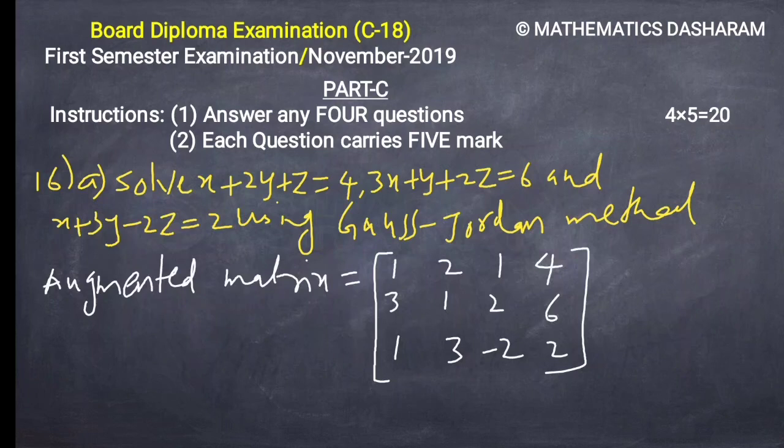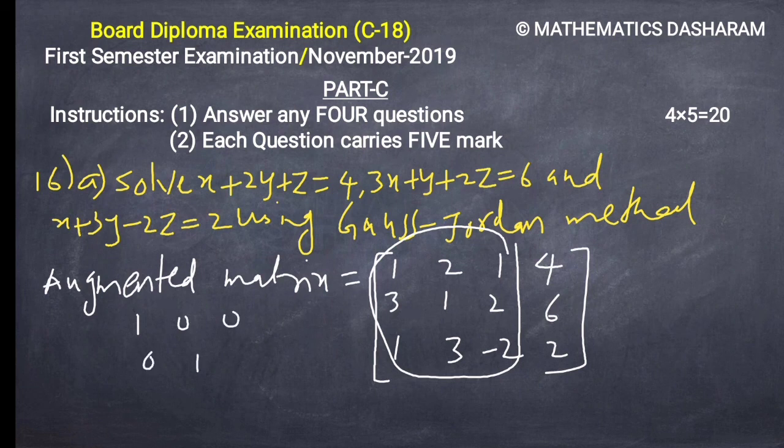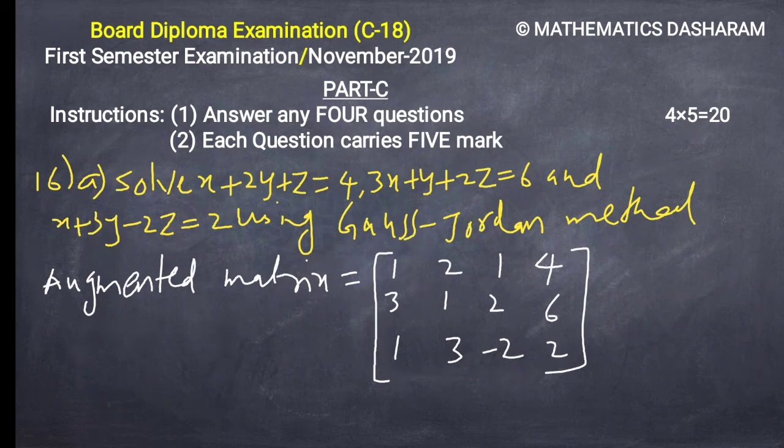So now at this place we need to get the identity matrix, that is 1, 0, 0, 0, 1, 0, 0, 0, 1. Then this column is our required answer x, y, z. So by doing the operations plus, minus, into, division, we need to get the identity matrix at this place.